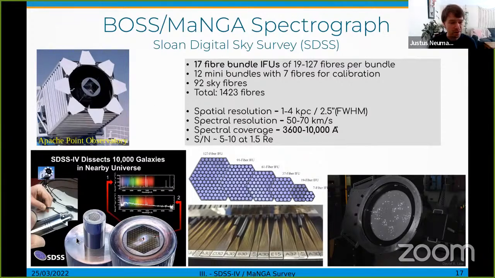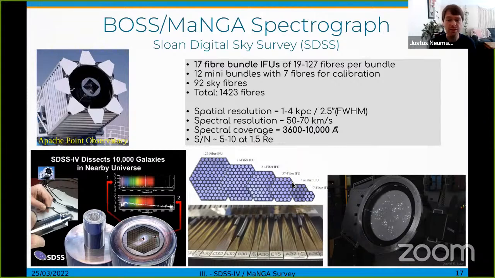I already showed you the picture on the lower left. It uses fiber bundles for each galaxy. Depending on the projected extent, the size of the galaxy, there are different fiber bundles of more or fewer fibers in order to have a uniform coverage of galaxies at different redshifts and sizes. In total, there are 17 fiber bundles, so we can observe 17 galaxies with one observation.